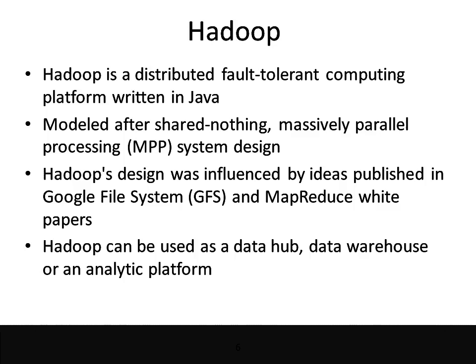The design behind Hadoop was heavily influenced by ideas that came out of Google. So the Google file system and the MapReduce algorithm were both written up by Google in white papers. And though they were taking ideas that had been used before, they really brought these ideas into the forefront and popularized them and made the core capabilities that were a key part of Google's operations.